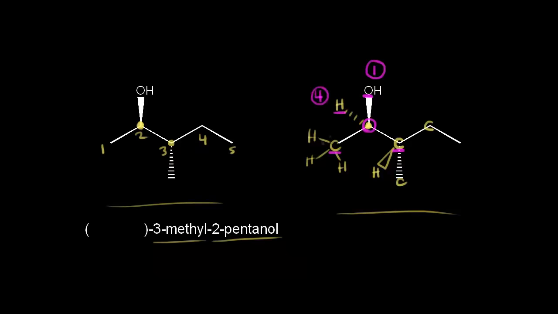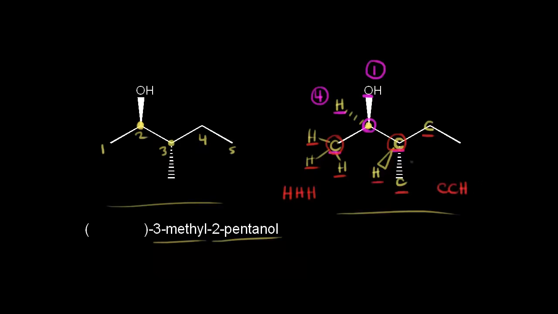So now we have a tie. We have these 2 carbons. Let me go ahead and circle them. Carbon obviously has the same atomic number, so to break this tie, we look at the atoms directly bonded to these carbons. The carbon on the left is directly bonded to 3 hydrogens, so we write down 3 hydrogens. And the carbon on the right is directly bonded to 2 carbons and 1 hydrogen, so we write carbon, carbon, hydrogen.